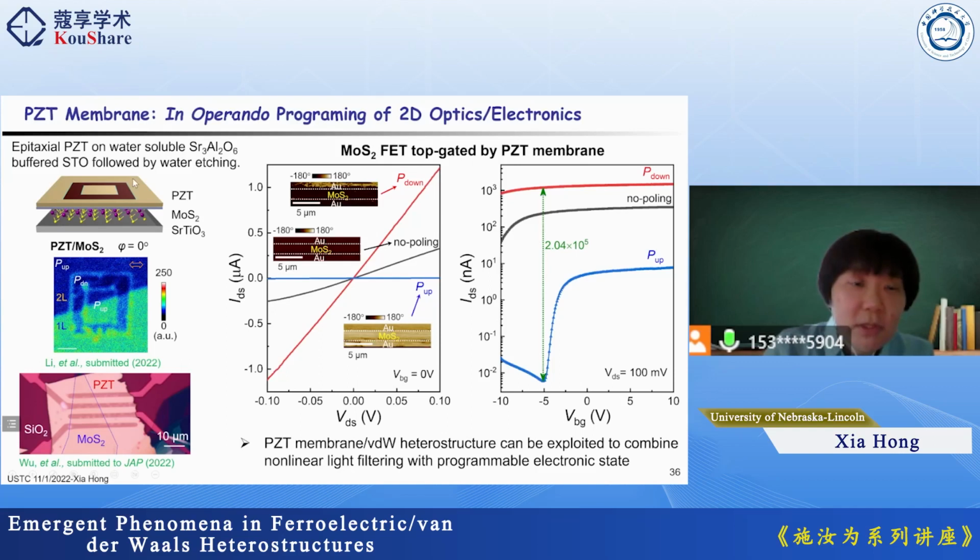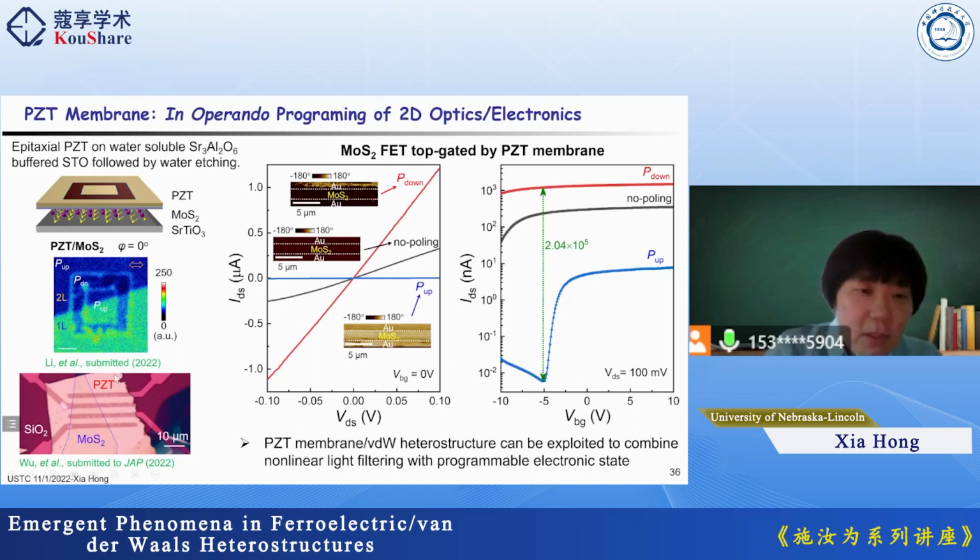Here we show that by putting a PZT membrane on top of MoS2, we can achieve the tuning of second harmonic generation. We can rewrite the domains because we are working with a top layer of oxide.